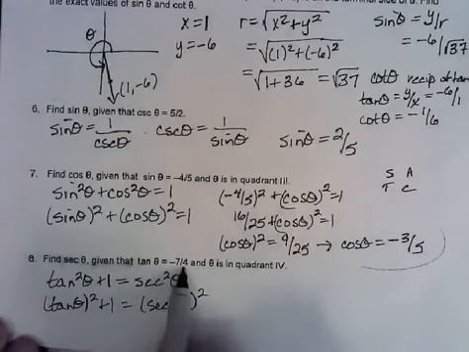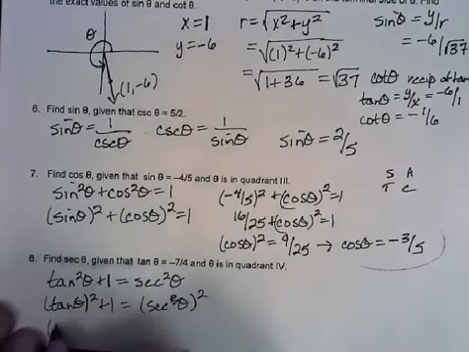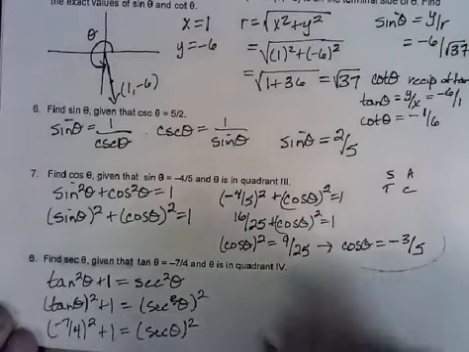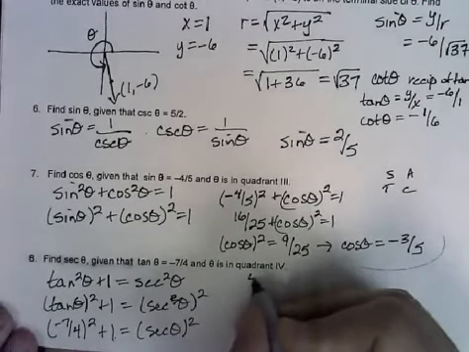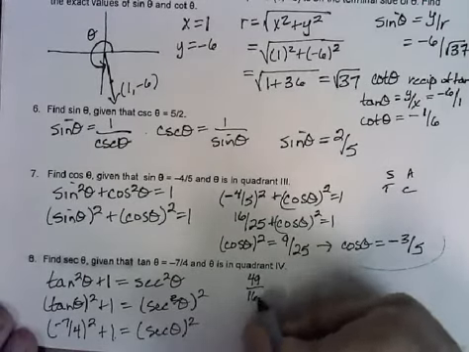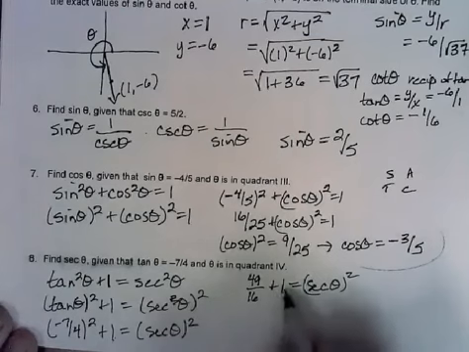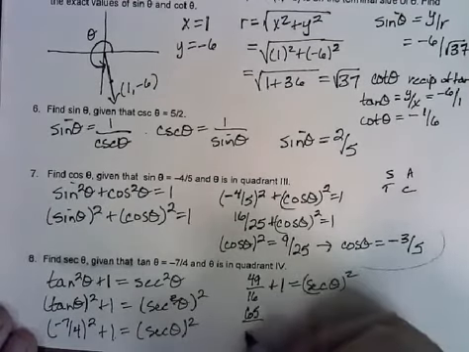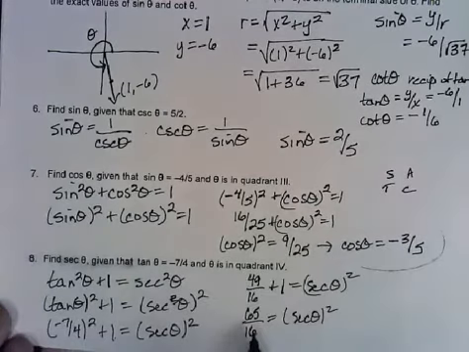I'm going to substitute in my value for tangent of theta here. If I square negative 7/4, that gives me 49 over 16. 49 over 16 plus 1, if I get a common denominator and add those two, that's going to give me 65 over 16. Here I want to take the square root of both sides.